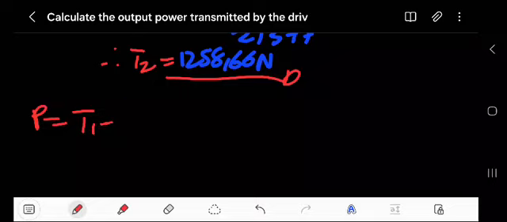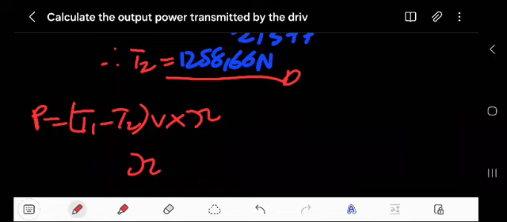T1 minus T2 multiplied by velocity, but we have efficiency, multiplied by the efficiency. Remember, I want to explain for you, remember guys, here is the formula. Do you remember? Efficiency. I want you to check something.